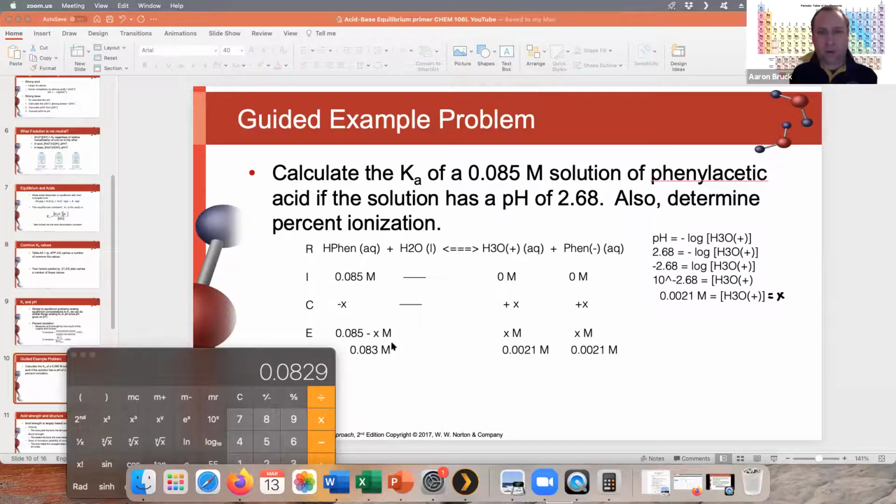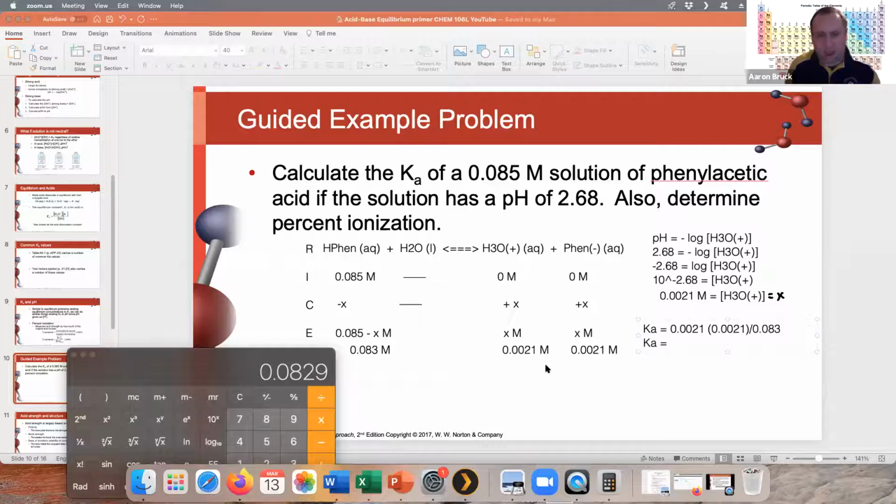And so now with this information in front of us, we can do two things. First of all, we can solve for Ka. So Ka is equal to the concentration of the hydronium, 0.0021, multiplied by the concentration of the phenylacetate, 0.0021, divided by the concentration of the phenylacetic acid, 0.083.